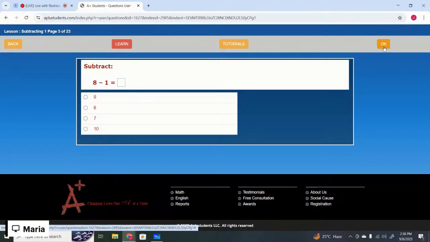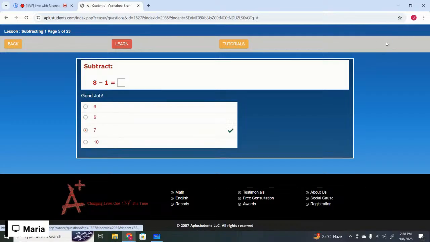Eight take away one is seven. Option number three is the correct option.